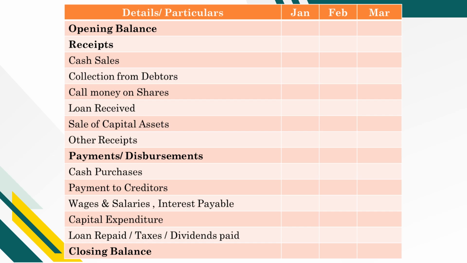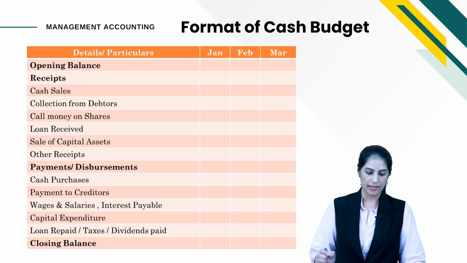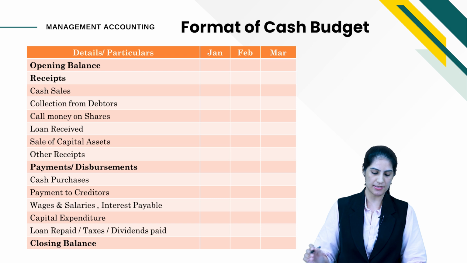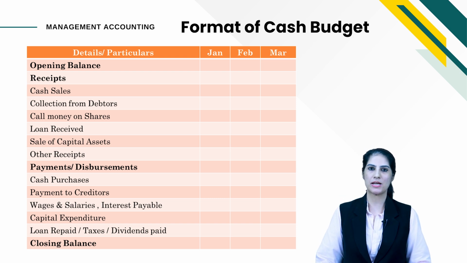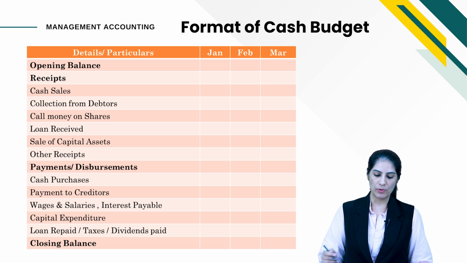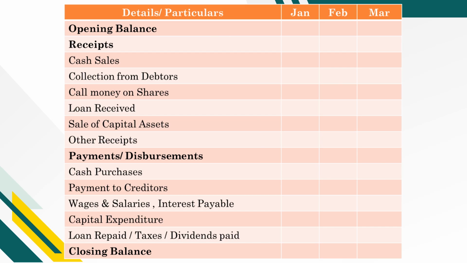In the payments, we have cash purchases, payment made to the creditors, wages and salaries, any kind of interest that is payable, capital expenditure, loans which are repaid, taxes which are paid, or dividends which are paid. These are the common receipts and payments which we are going to consider in the preparation of our cash budget. We start with the opening balance and in the end we get a closing balance which showcases the surplus or deficit of cash in a particular organization for a budgeted period.